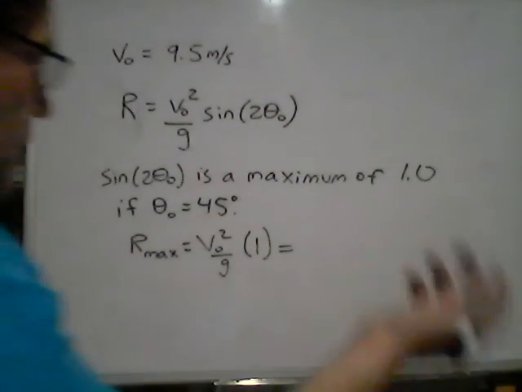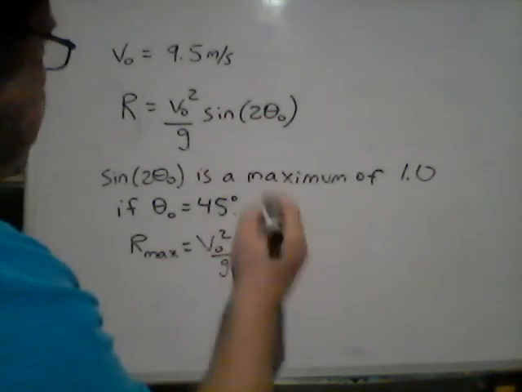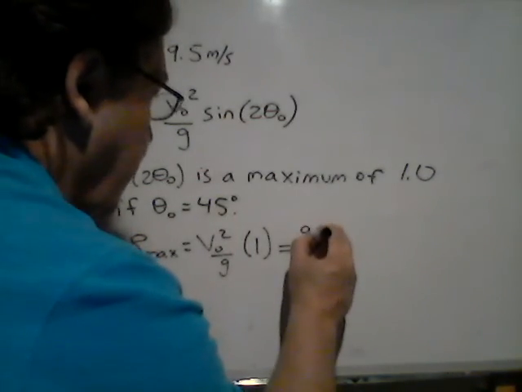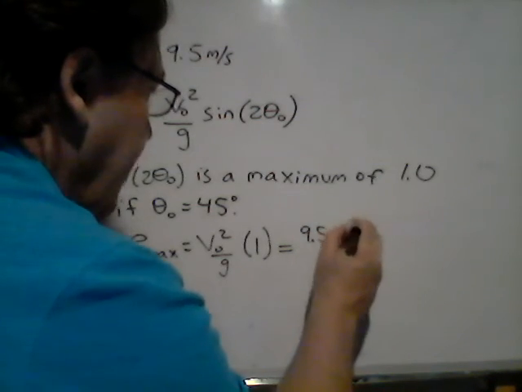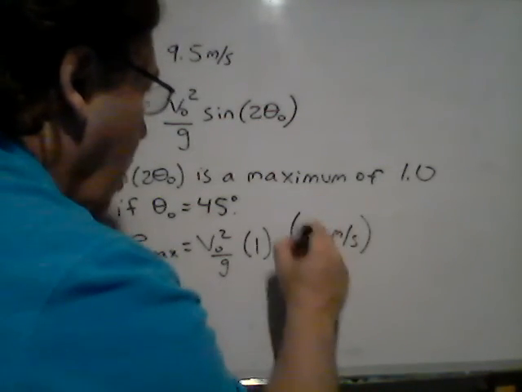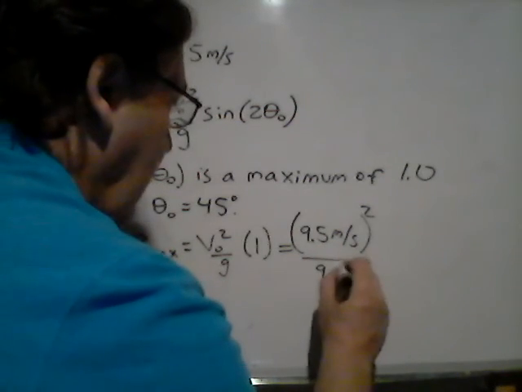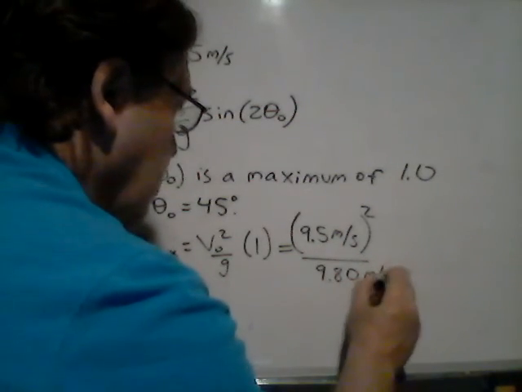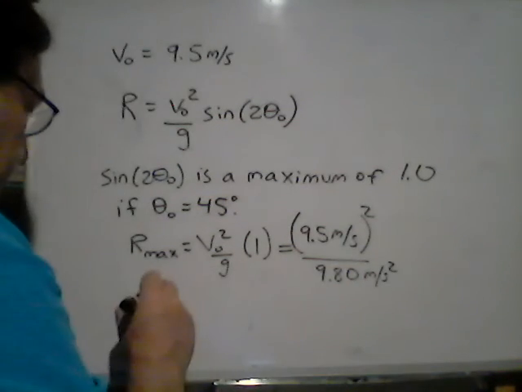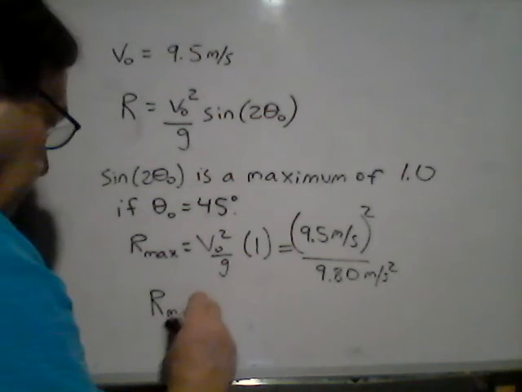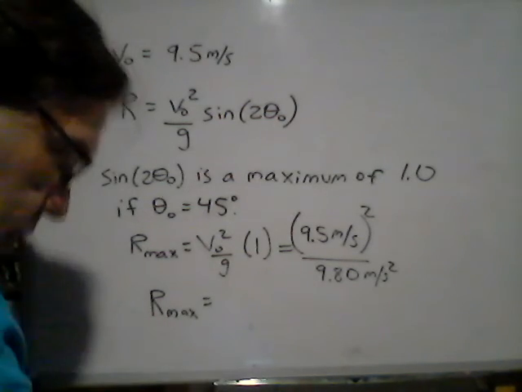The sine of 90 is 1. So we see that this person has a maximum velocity of 9.5 meters per second, quantity squared, divided by G, 9.80 meters per second squared. We find out that the maximum range that such a person can obtain is 9.2 meters.